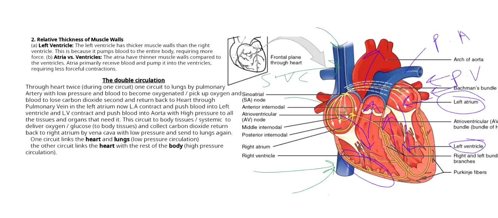Because of this, the left ventricle contracts and pushes blood into the aorta with high pressure, since all the tissues and organs need this oxygenated blood. This circuit to the body tissues is known as systemic circulation.